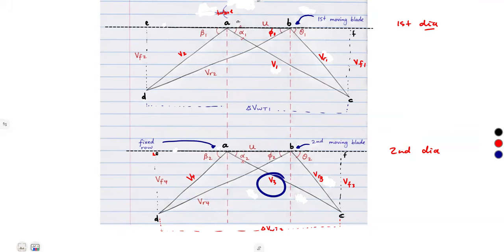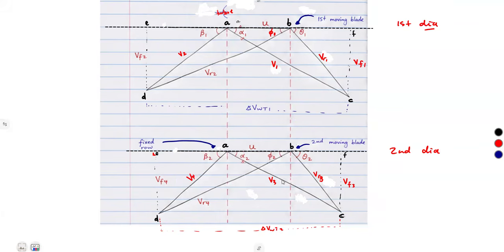From the second diagram, the absolute inlet is V3, so its corresponding angle is alpha 2. If it is the exit, V4 as the absolute, its corresponding angle is beta 2. So that is the condition.